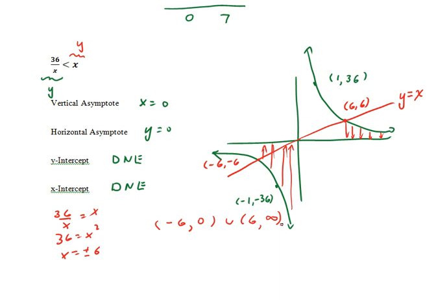And so on the number line, we'll have -6, 0, 6, all with open circles.